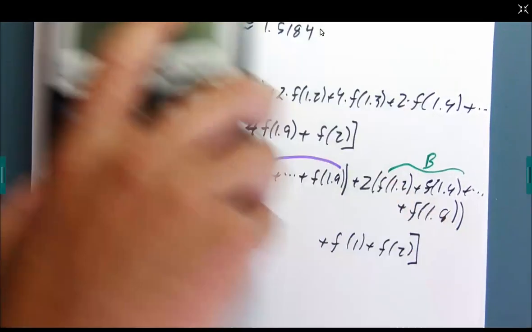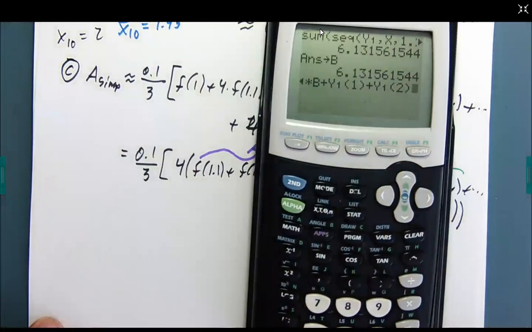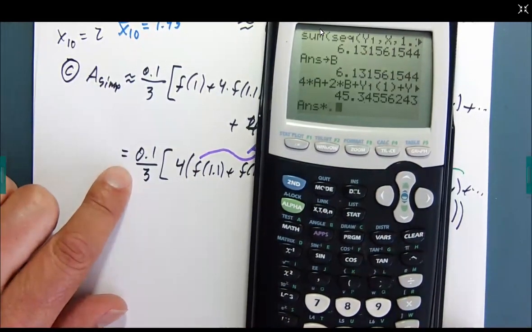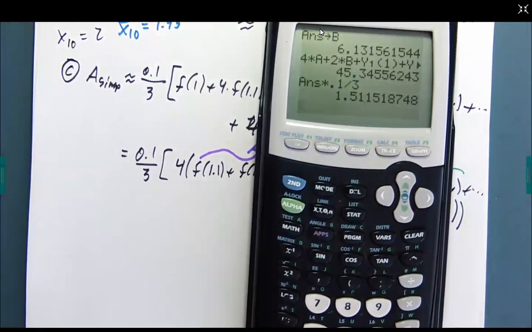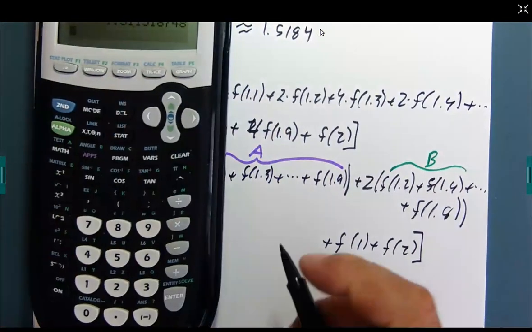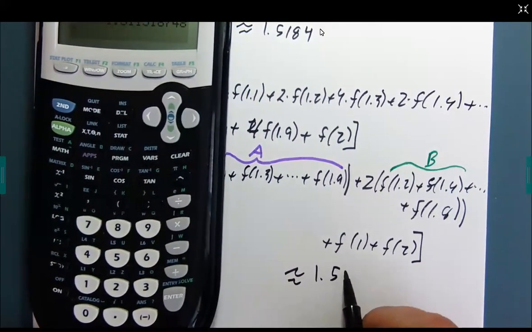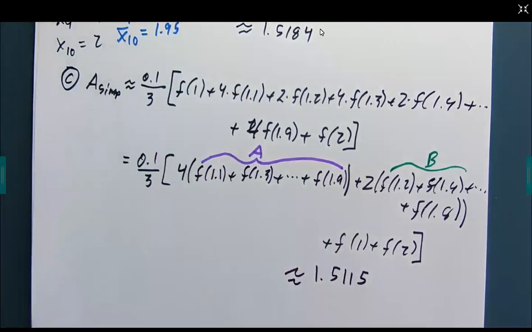And that's going to get me everything in the parentheses. Enter. Now I'm going to go times 0.1 divided by 3. There it is. Look at that. Beautiful. Again, you may need to review all of this. 1.5115. As you're looking at that.